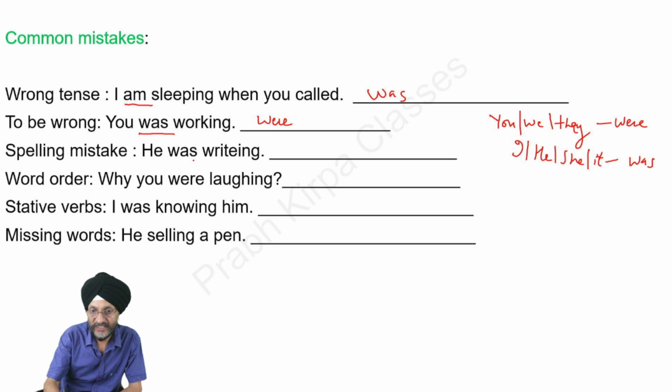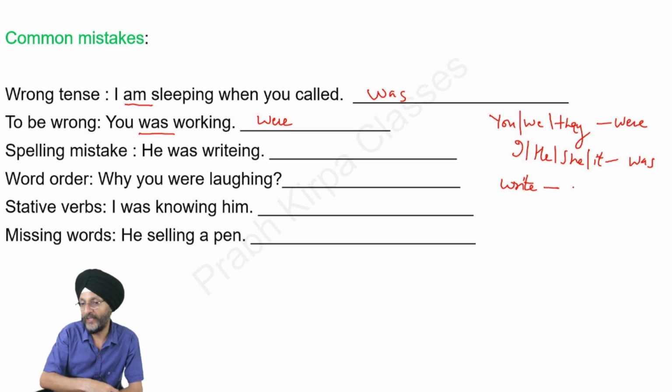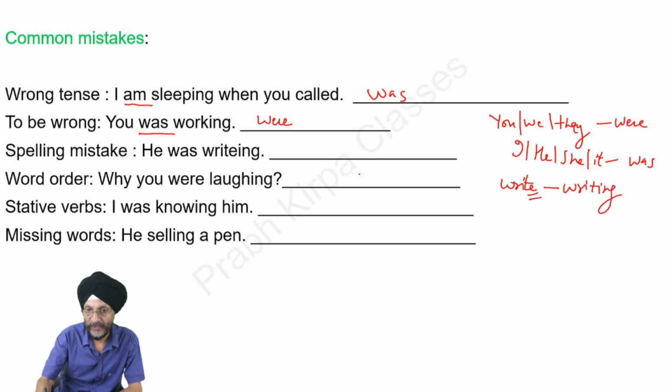Next, "he was writing." You have already observed from the previous slides that in case of certain verbs, when we have to add ing, e has to be dropped. So "write" becomes "writing." That is, e has to be dropped. "He was writing." You are to write full sentence.